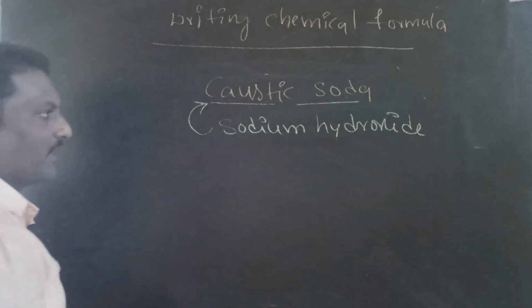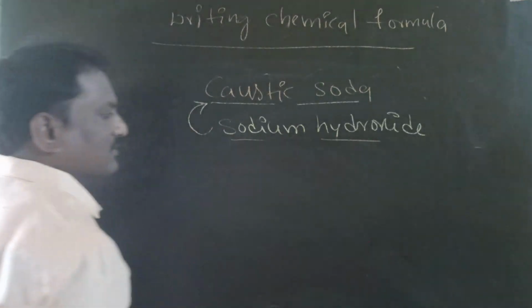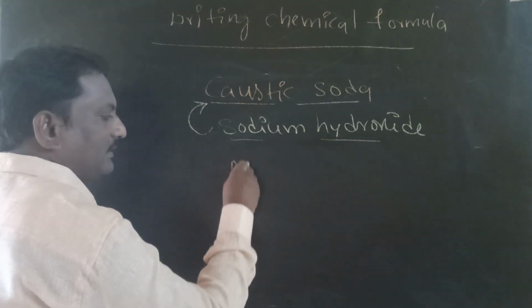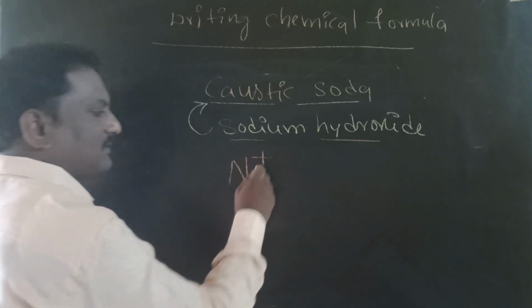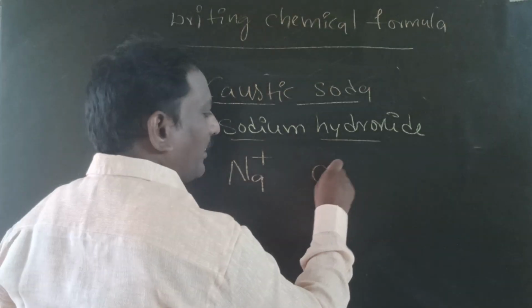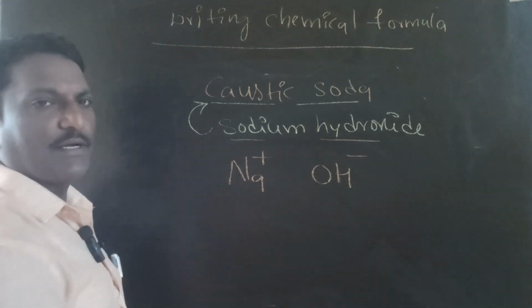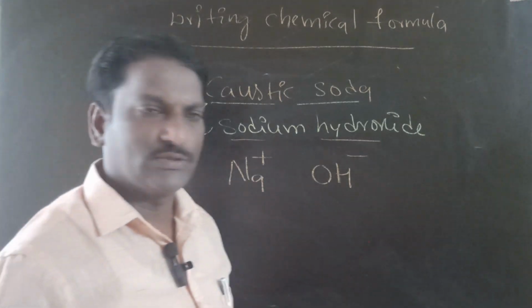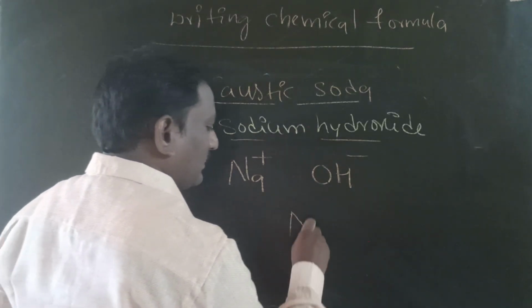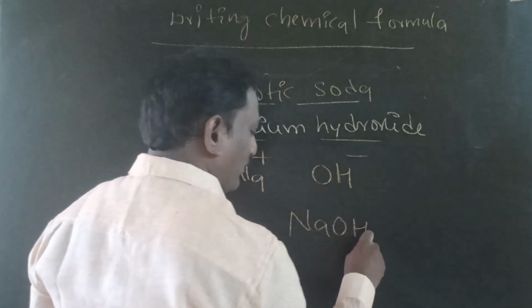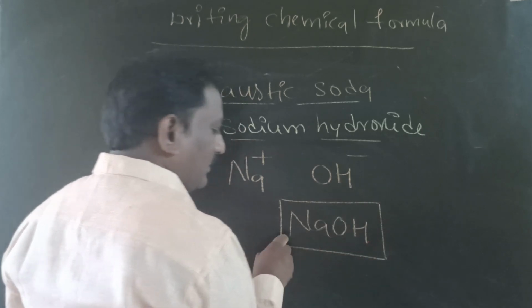So let us write the chemical formula for sodium hydroxide. Sodium ion Na plus, hydroxide ion OH minus. Both are equal in magnitude. No need to crisscross. So simply you can write NaOH, sodium hydroxide.